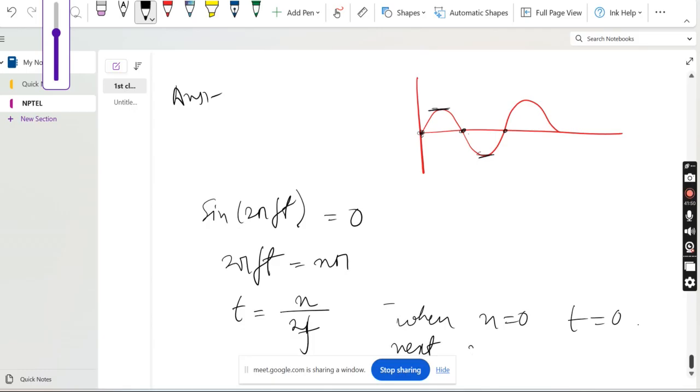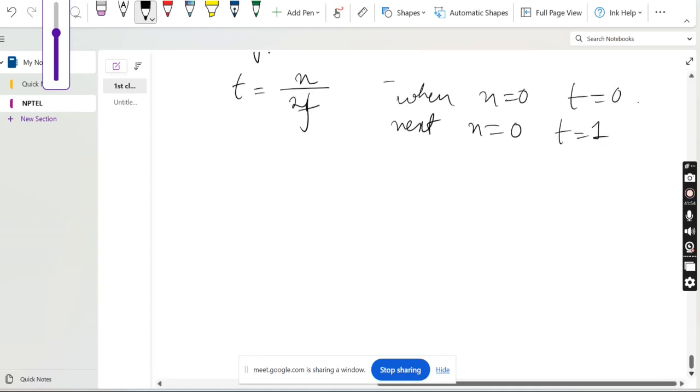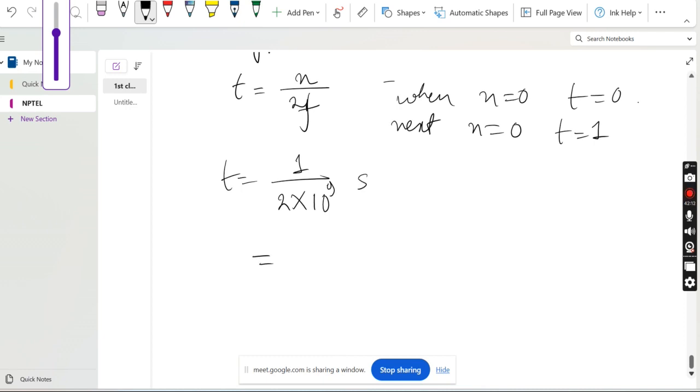Next, n is equal to 1 will be when t is equal to 1 by 2 into frequency. Frequency is here 1 gigahertz, so that will be 10 to the power 9. Giga means 10 to the power 9. This is in second. We will get 5 picosecond. This is the answer.